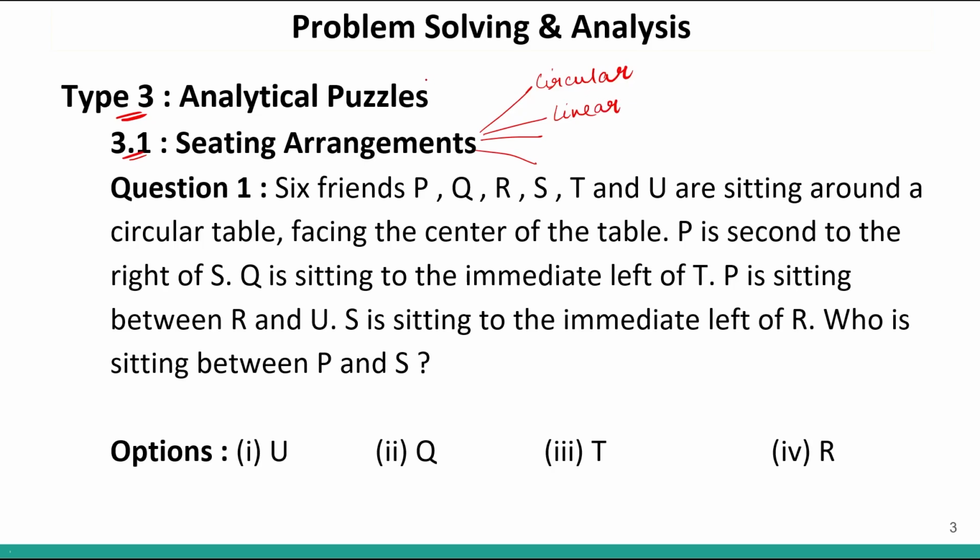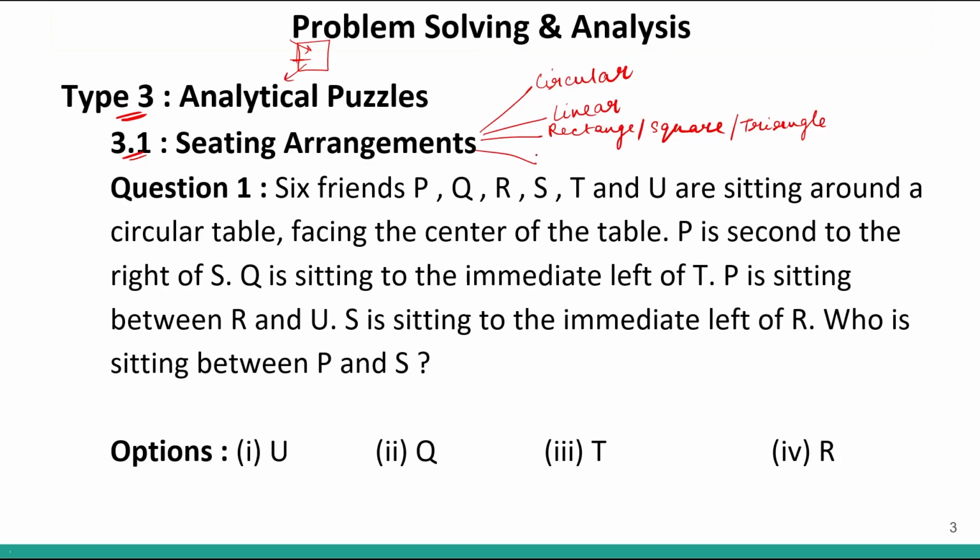Linear seating arrangement means that everybody is sitting in a line, they can be facing north or south. Then rectangle or square or triangle. That means everybody is sitting in a rectangle like this or square. They can be facing inwards, they can be facing outwards, they can be sitting in the corner, or they can be sitting at the edge. This is possible in all three cases, rectangle, square, and triangle.